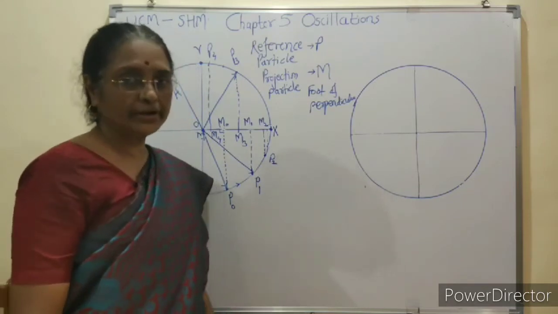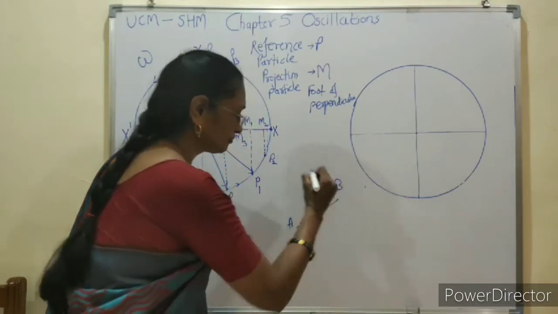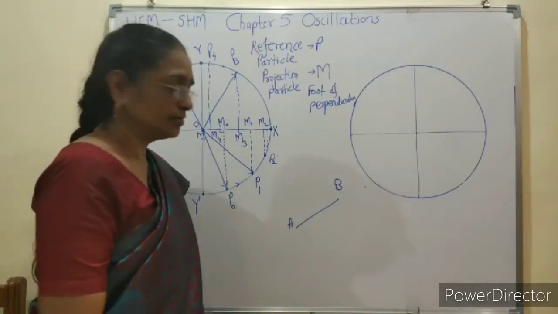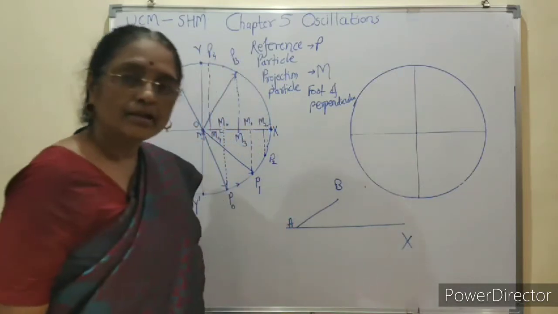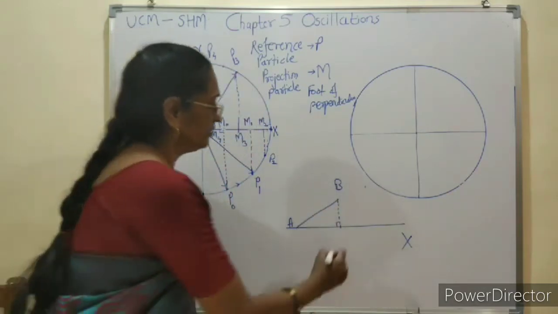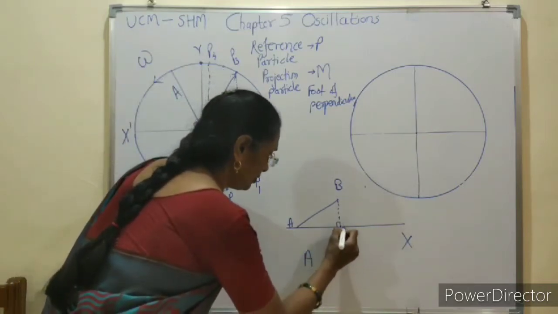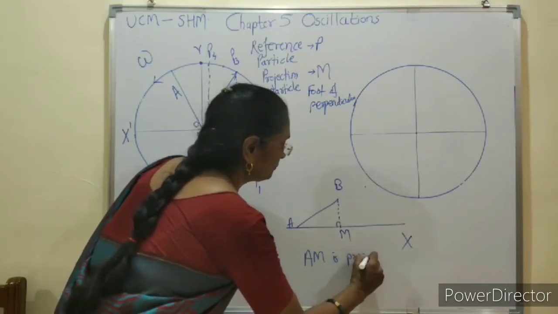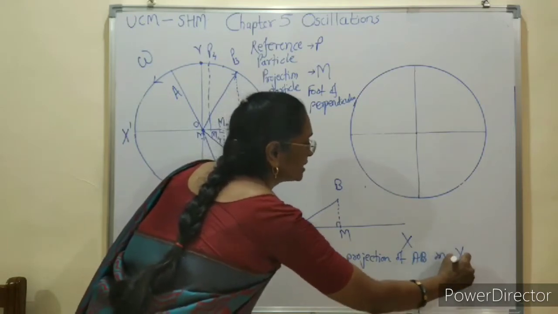For that we consider one simple diagram. Suppose there is a vector AB. We want its projection on the x-axis. Then we draw the x-axis. If we draw a perpendicular from B and it intersects at point M, then AM is the projection of AB on the x-axis.